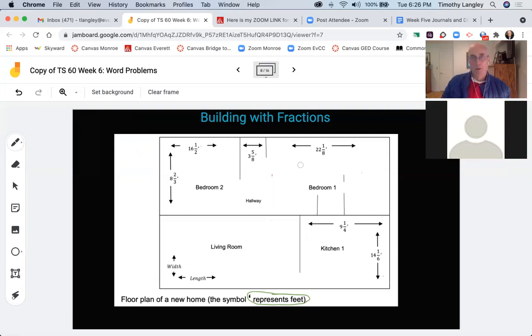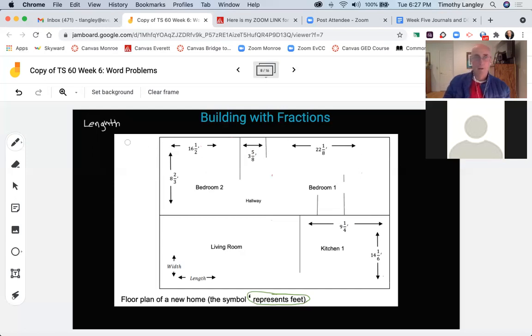So to find out the length, if I write this over here in the margin, the length is how far it is across. It just wants to know the length and the width. What I'm going to do is add these numbers, because I notice that if you look at this all the way across, that does cover the whole length of the house.